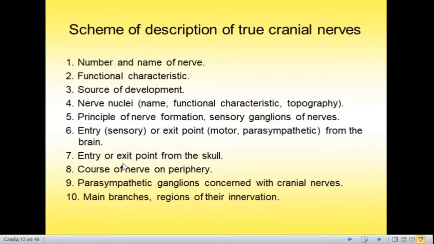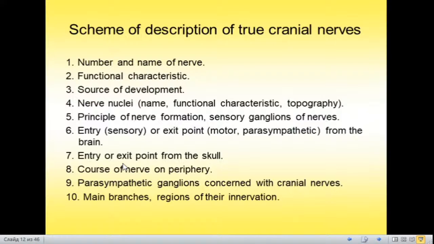Fourth one, nuclei of nerve. You have to mention their name, functional characteristic, which means it is motor, sensory or parasympathetic, and topography. Topography means location, which part of brain, cerebral peduncle, pons or medulla oblongata, and projection to rhomboid fossa.